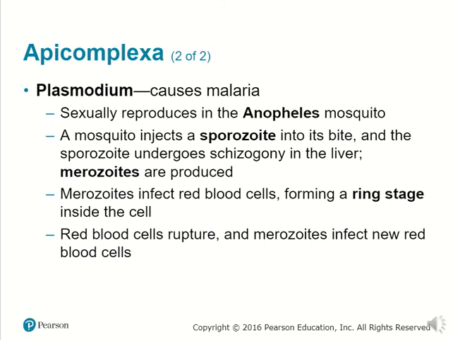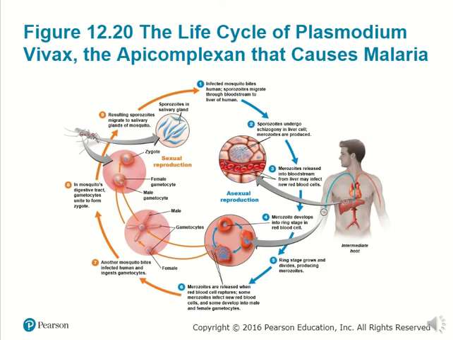These then infect red blood cells, forming a ring stage inside the cell. Red blood cells rupture, and merozoites infect new red blood cells. This is just a detail of the complex life cycle involving numerous organisms for malaria-causing Plasmodium vivax.